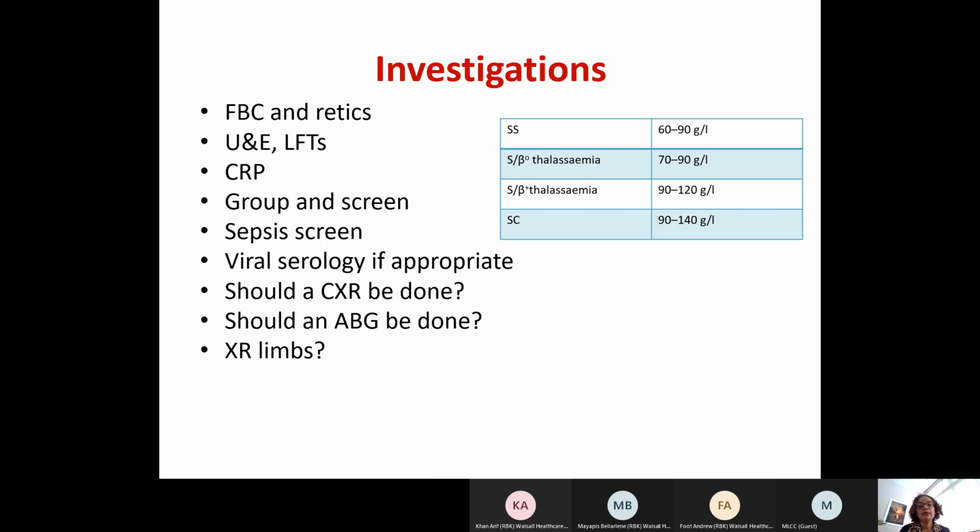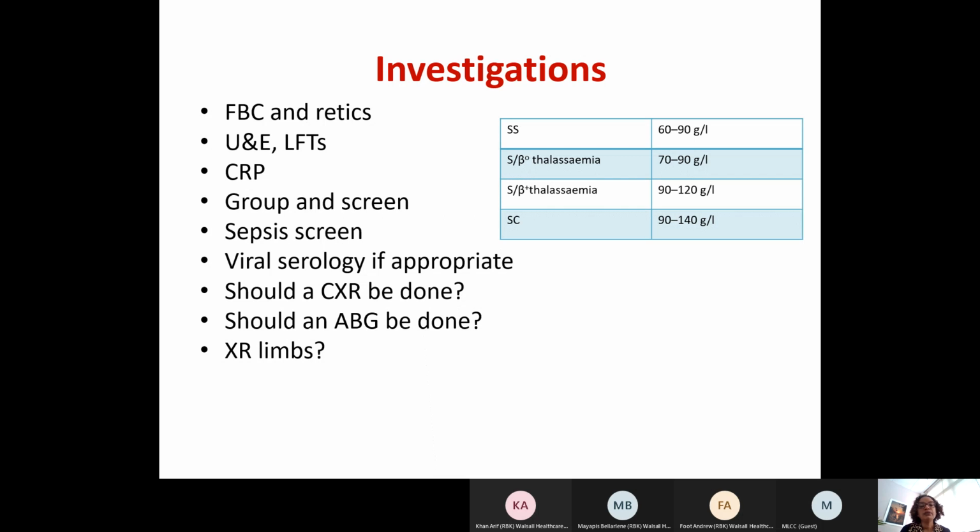A CRP, so a mild increase in CRP could be seen in an otherwise straightforward crisis, and I mean something less than 30, 40 could be just in keeping with a sickle crisis, but certainly anything in the hundreds, I would screen for infection.